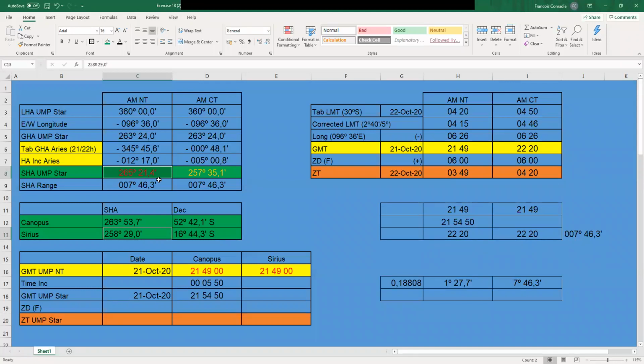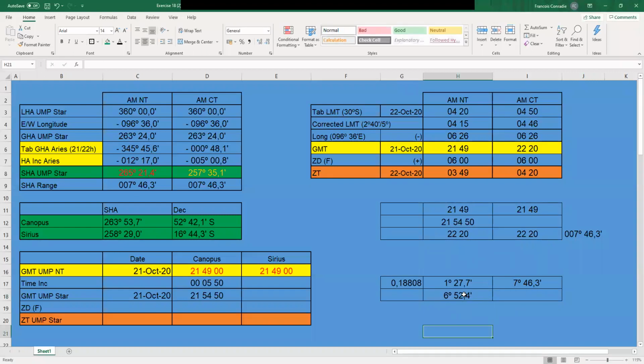Okay, so we're going to calculate that difference. We take 265.21.4 and then we subtract the 258. That's going to give us a value of 6 degrees, 52.4.